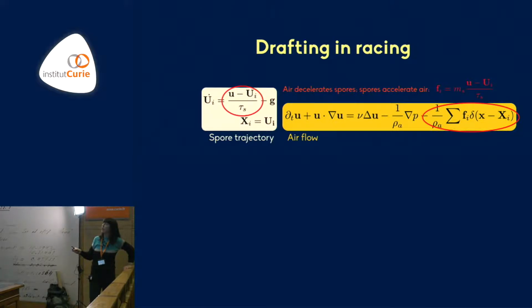It's the interaction between the spores and the fluid. The spores are decelerated by the fluid. The fluid is accelerated by the spores. This F is the force that the spores exert on the fluid. It's action-reaction. The simplest possible model you can imagine.